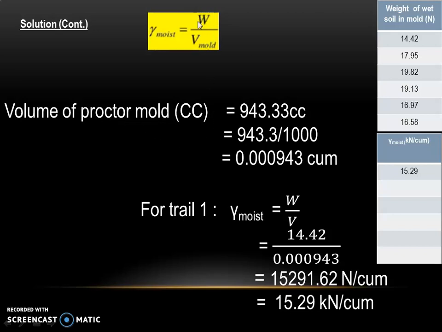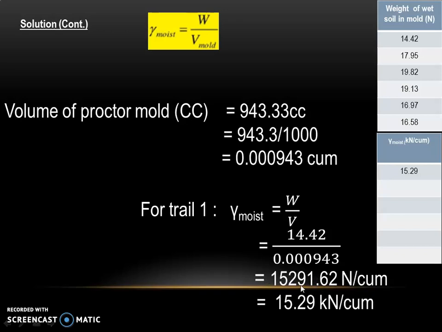Now we know the weight of the sample for different trials and also the volume, with which we will be able to find gamma moist. Gamma moist will be W by V. For the first trial, W is 14.42, substitute it over here, divided by V which is 0.000943, with which we get gamma moist as 15291.62 Newton per cubic meter.